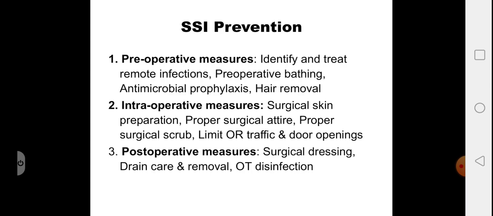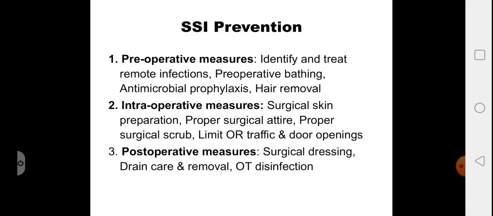Then preoperative bathing with soap and water, and antimicrobial prophylaxis, that is starting antibiotics like cefazolin or cefuroxime depending on the surgery type, which should be given at least 60 to 120 minutes before the surgery so that appropriate tissue concentration of antibiotic is present and the risk of infection is reduced.